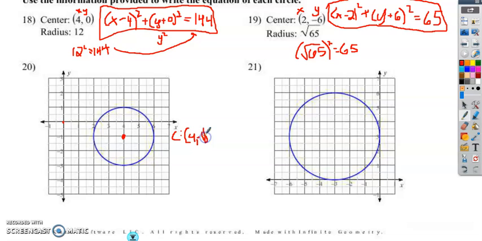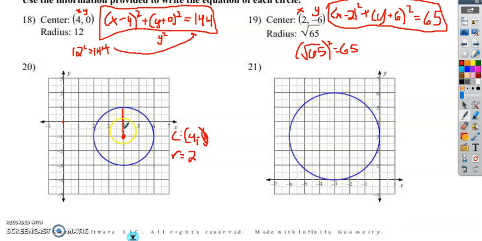And then the radius is 1, 2. So the radius is 2, and I'll sketch that in there.